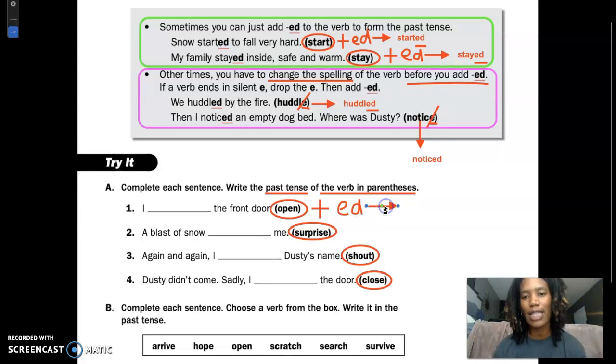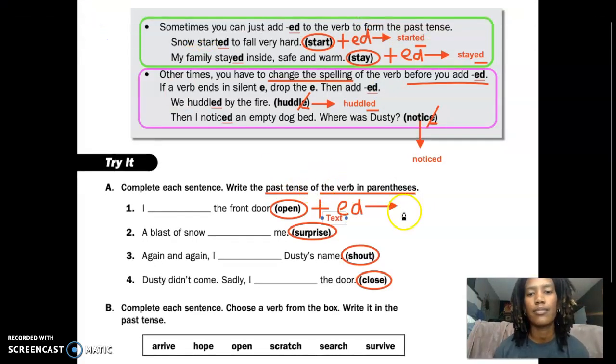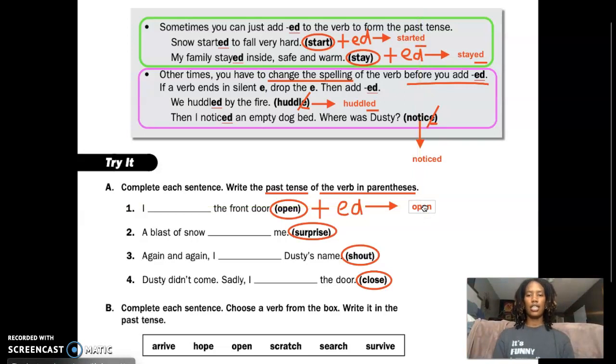So open in the past tense changes to O-P-E-N-E-D, right? All I did was I added my ed. So I'm going to copy and paste. All right.